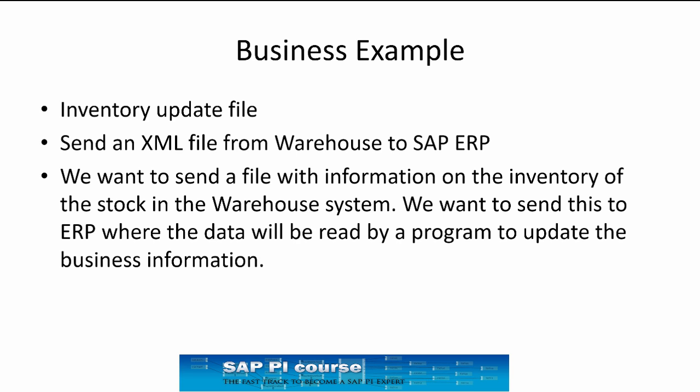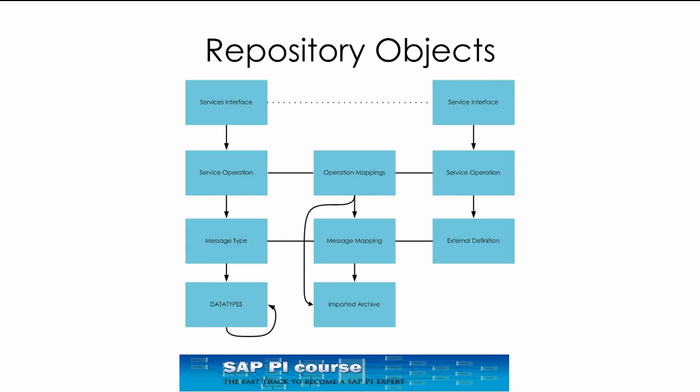So an example that we'll go through is we want to send an XML file from the warehouse to the SAP system. We're using a file that way. So we would need to define some service operations for this.